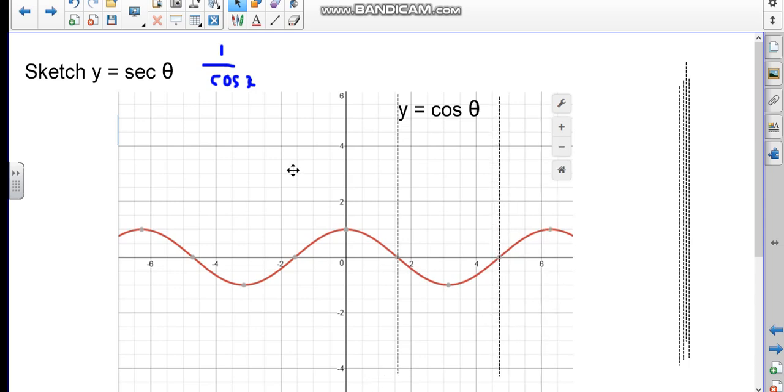At 0, cos 0 is 1, and 1 divided by 1 is 1, so we're going to have a point here. Similarly at pi the value is -1, so 1 divided by -1 is -1, so we'd end up with this idea here.